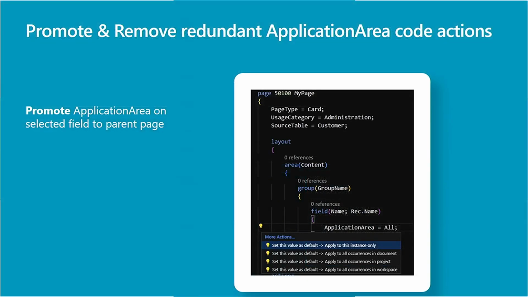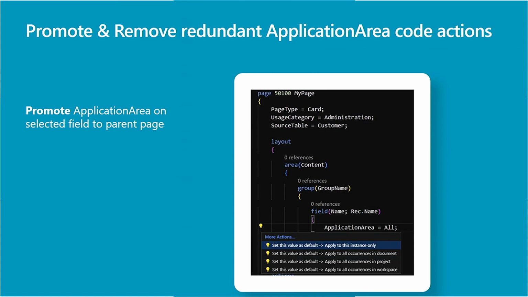Okay. So last release, I think it was, we added the ability for you to move application area from a field up to the page level, so you didn't have to write application area everywhere. Some of us have been writing pages for a long time with application area in there, so cleaning that up is a bit tedious.